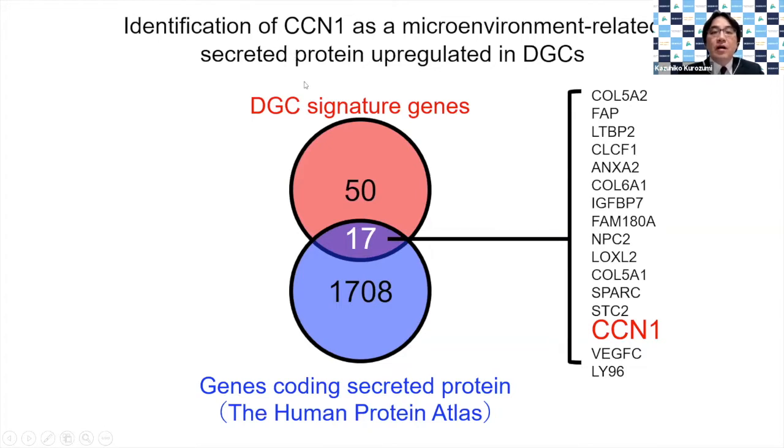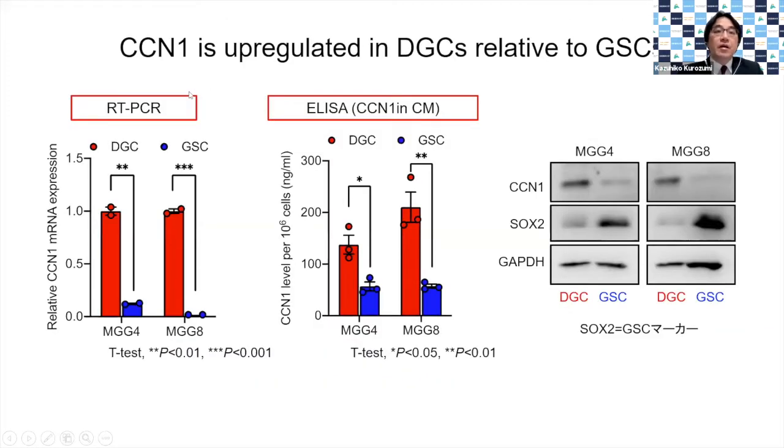Then upstream of this YAP/TAZ is the identification of CCN1. CCN1 is the upstream one. We found this CCN1 gene from the Human Protein Atlas, and CCN1 is upregulated in DGC relative to GSC, the differentiated glioma cells.